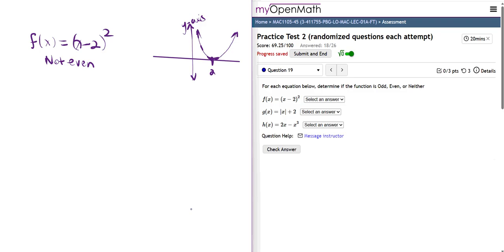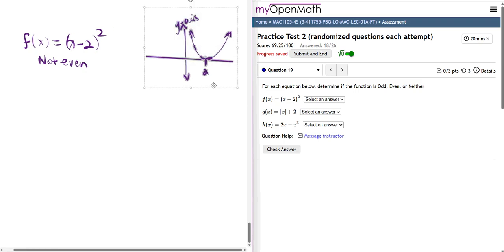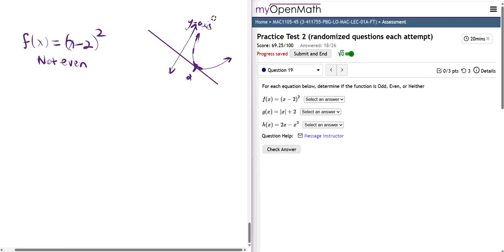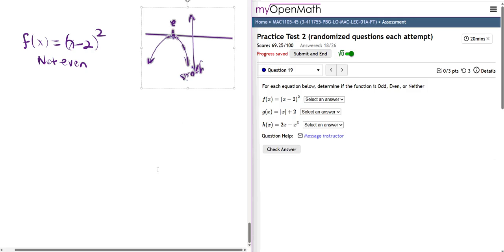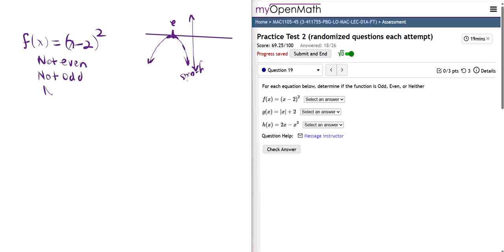Also, if I were to rotate this whole picture 180 degrees, upside down, it would not look the same. So it's not odd either. So it is neither odd nor even. That makes it neither.